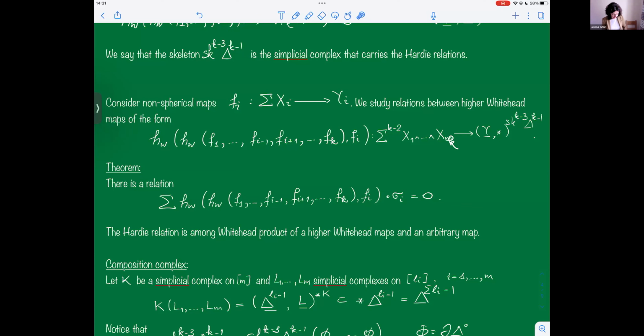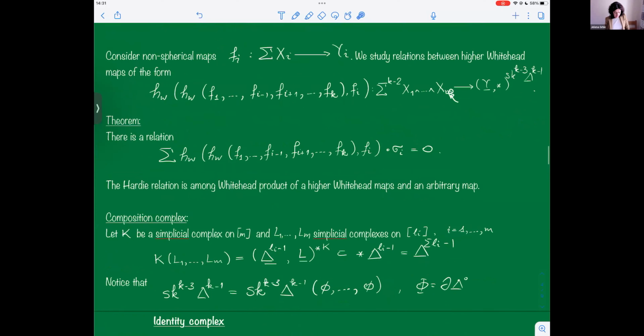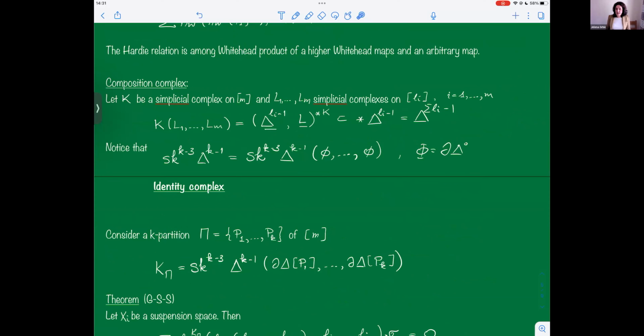To do that, we recall a construction that to a simplicial complex on m vertices and m simplicial complexes associates another simplicial complex. That construction is very similar to a polyhedral product. The only difference in the definition is that instead of the Cartesian product, we use the join.